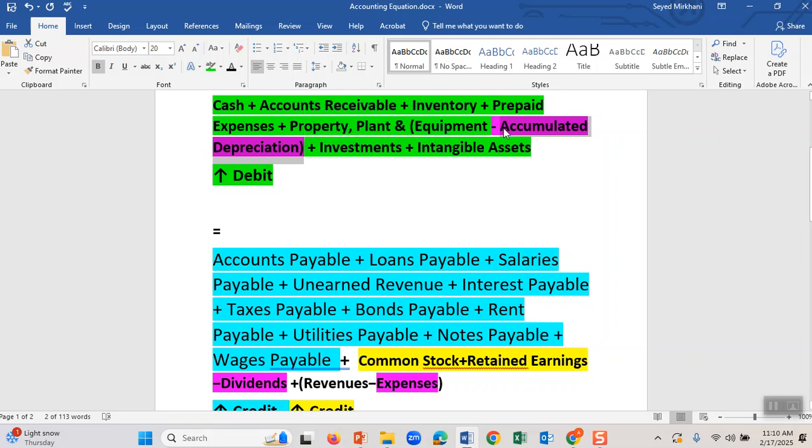Therefore, after 3 years, you will have $10,000 here, but at the same time, you will have $3,000 here, which means by one look, you will know that the total would be $7,000. Therefore, anything that is damaging your equipment, which is this accumulated depreciation, will be shown with a negative sign, usually next to your equipment. In the buildings as well, you have depreciation.